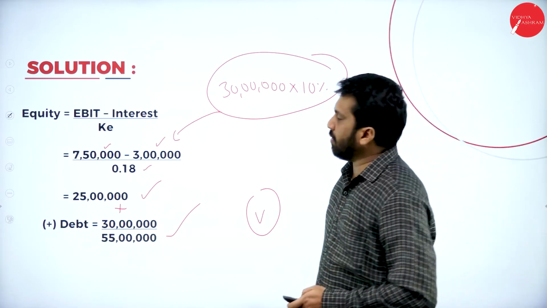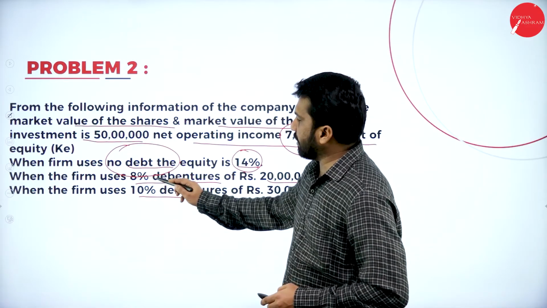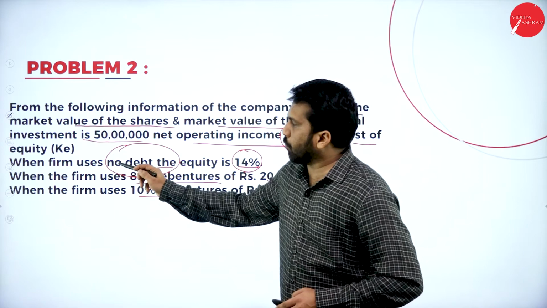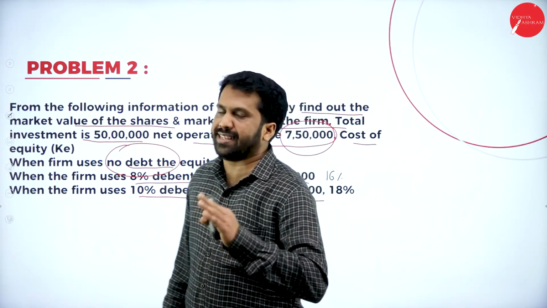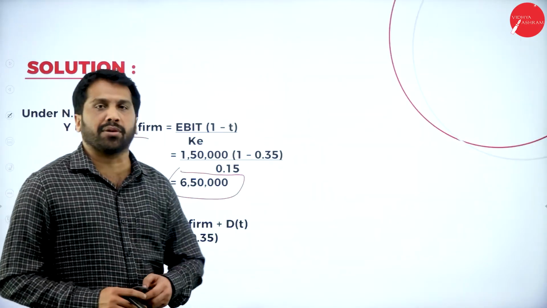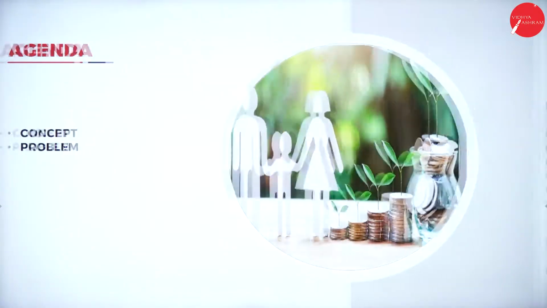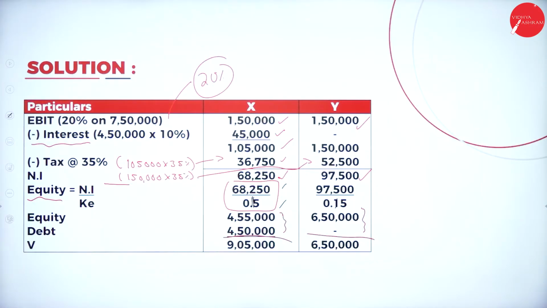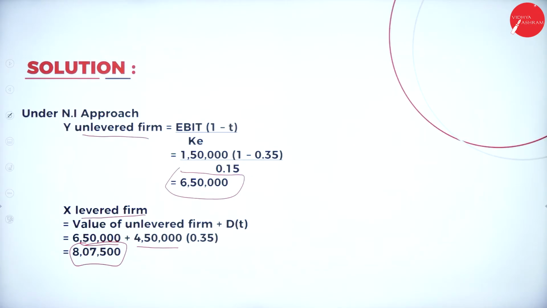So there are three things they have given: if there is no debenture, if there is 8% debenture, if there is 10% debenture, what will be the value of the firm? We have done all three, easy calculation, and I'll go through all the slides so that you can take screenshots. This is your problem number 1 solution, the continuation of the solution.